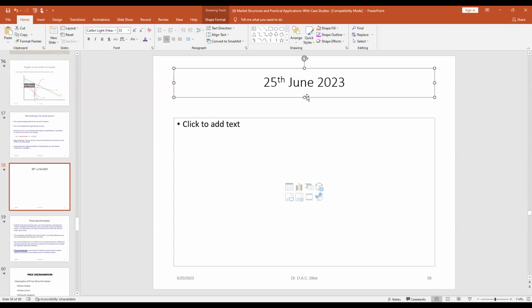So today we have discussed earlier cost analysis. We talked about learning curve analysis, economies of scope, and economies of scale. Then we came to the next topic, that is market structures. We completed the market structures, monopoly market.